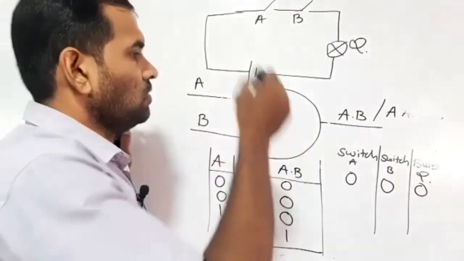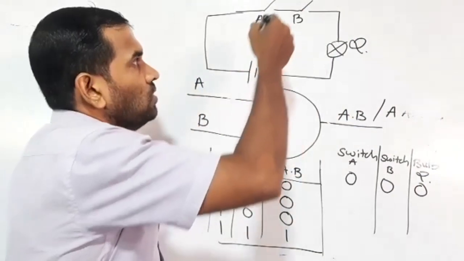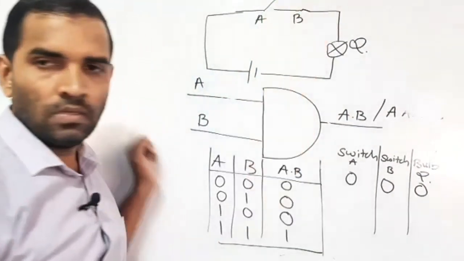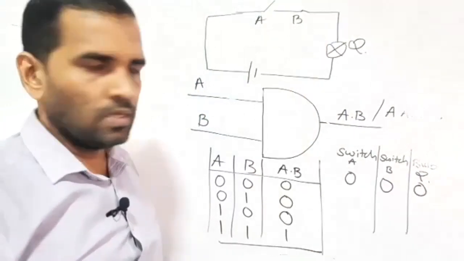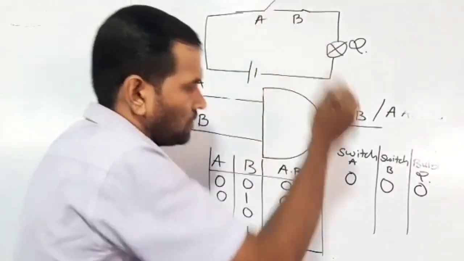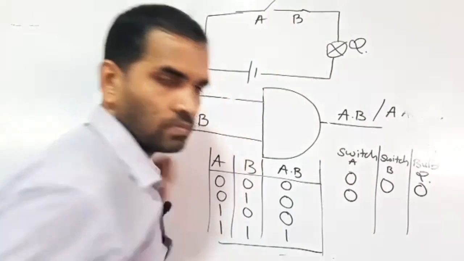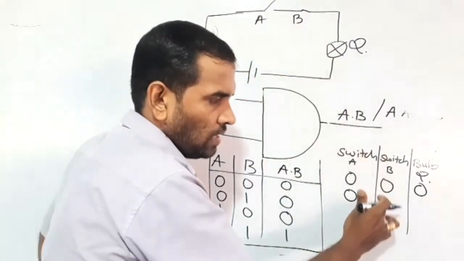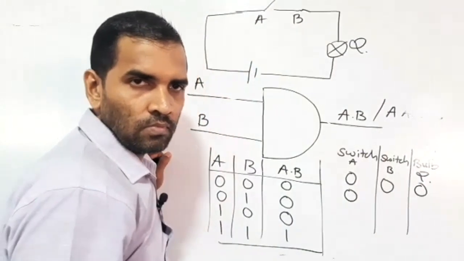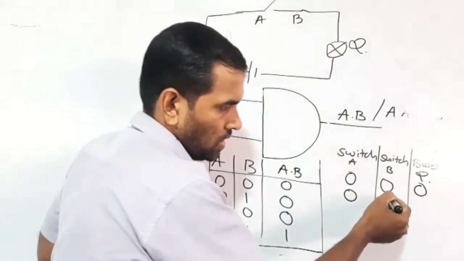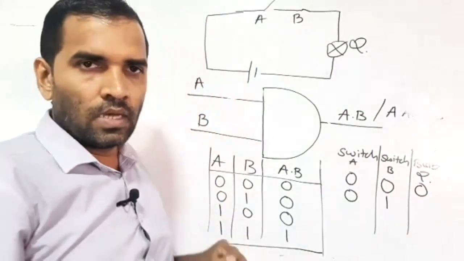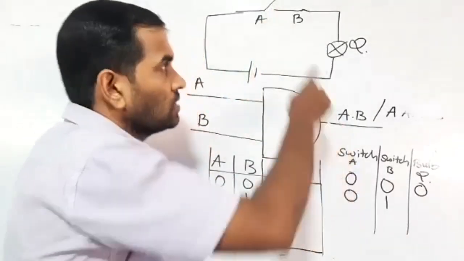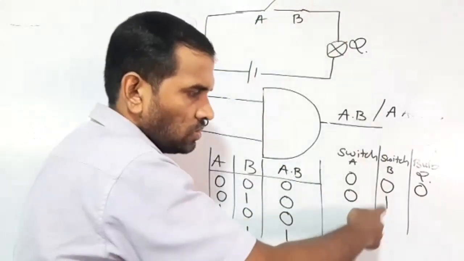Now I'm going to switch on switch B. Switch A is off, so 0. Switch B is on, so that is 1.